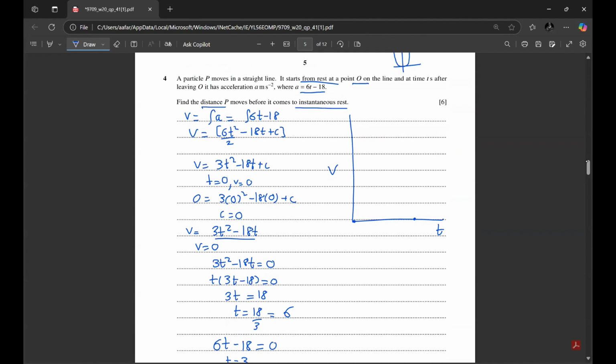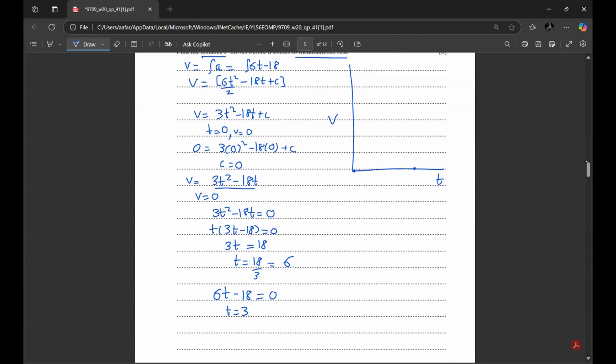So we take t is equal to 3 and put it into the equation of v. This is not very necessary, but just to show you how to sketch the graph, so you can easily find this distance. 3 times 3 square minus 18 times 3.